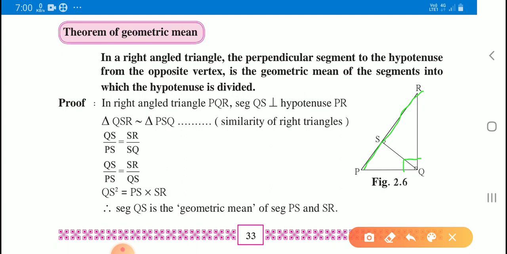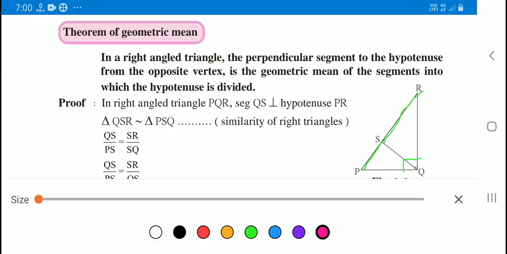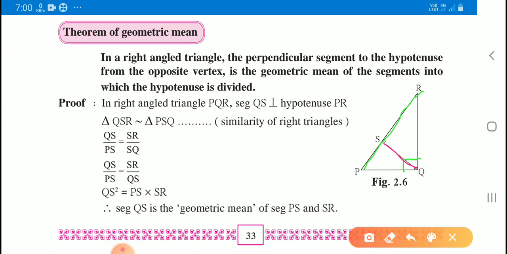Now similarity of right angle triangles, which two right angle triangles are similar? Here triangle QSR is similar with triangle PSQ. We had just seen this property. If similarity is there within these two triangles, then their sides are in proportion. So which sides are in proportion?